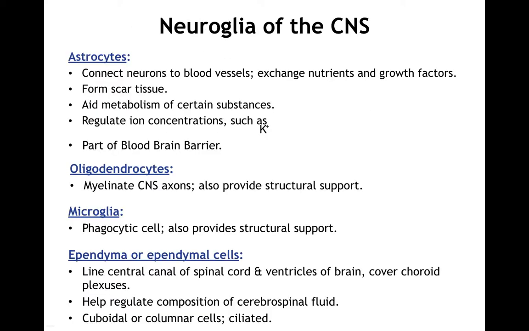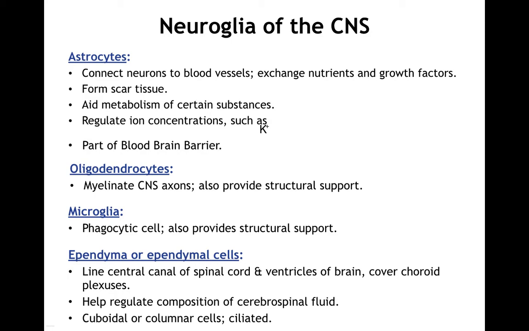In the central nervous system, we have astrocytes, which connect neurons to blood vessels, exchanging nutrients and growth factors. They are also what forms scar tissue when there is injury in the central nervous system. They help to metabolize certain substances, and they regulate ion concentrations, such as potassium ion concentration. They are a big part of the blood-brain barrier.